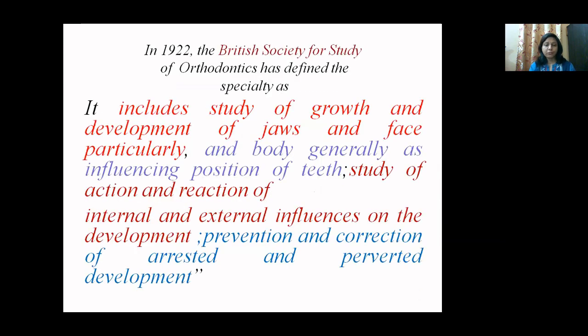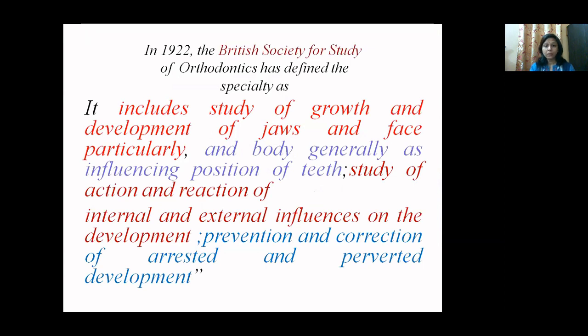This definition of orthodontics was given by the British Society in 1922. It's a big definition which can be divided into 3-4 parts. One, it includes the study of growth and development of the jaws and the face particularly, and the body generally, as influencing the position of the teeth.